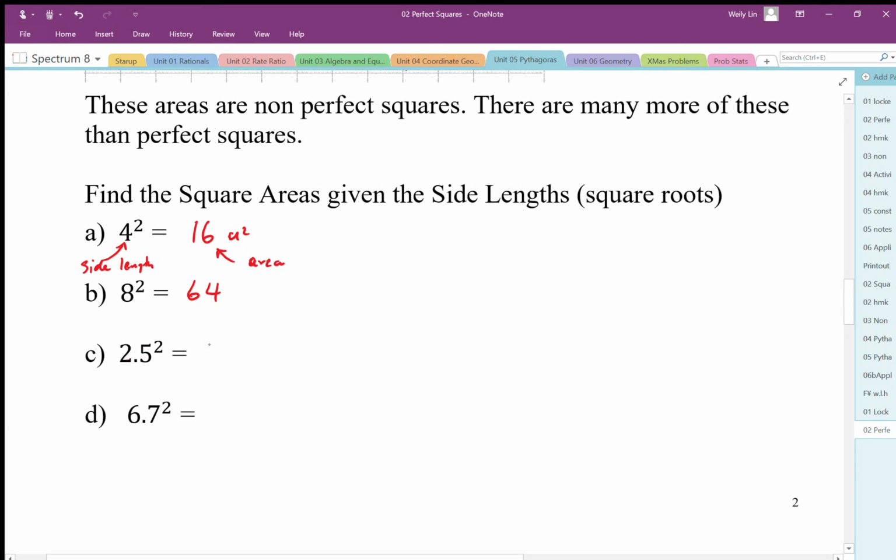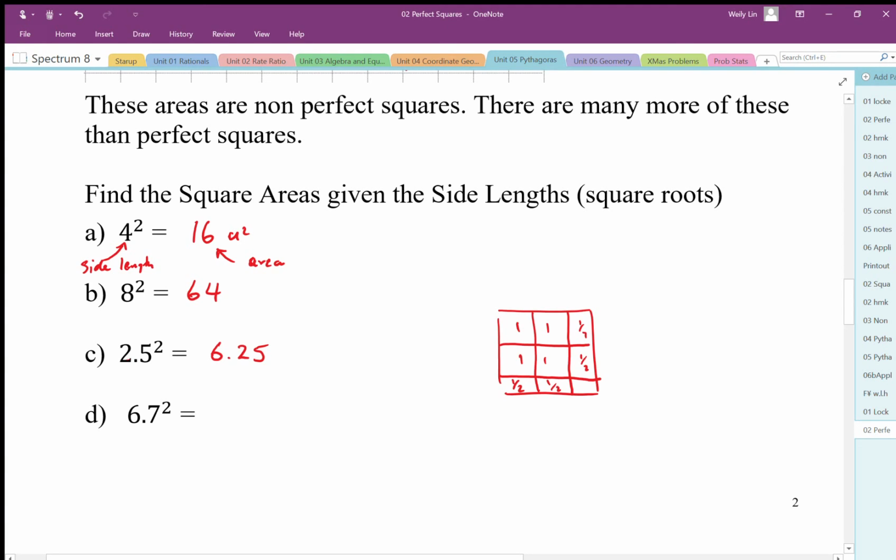Here the side length is 2.5. The area is going to be 6.25 squares. Okay, and if I actually sketch this out, I have 1, 2.5, 1, 2.5. That's going to be 1, 1, 1, 1. Okay, that's going to be 4. This is half, half, half, half a square.